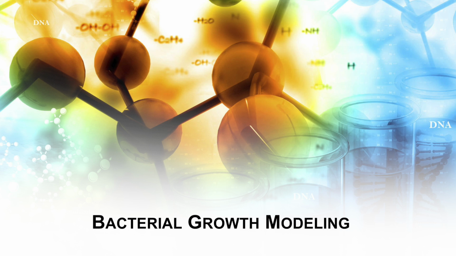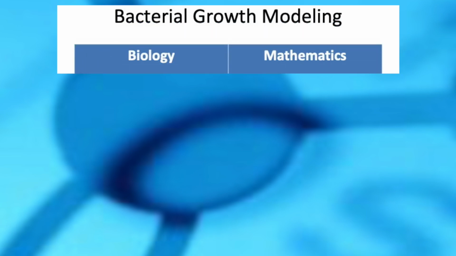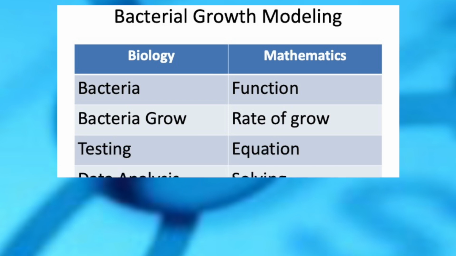In the classification of biology, a general observation is what any biologist puts on his table. That is, first he sees the bacteria and how bacteria grow. There is definitely a reason for the growing of bacteria.